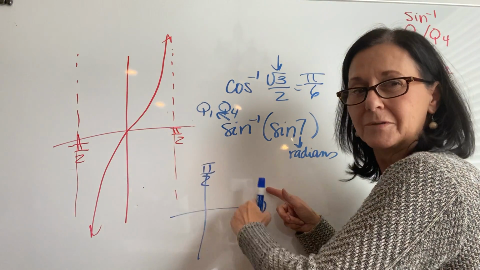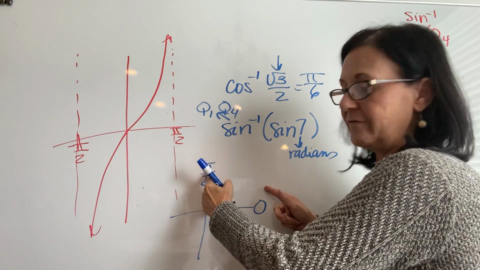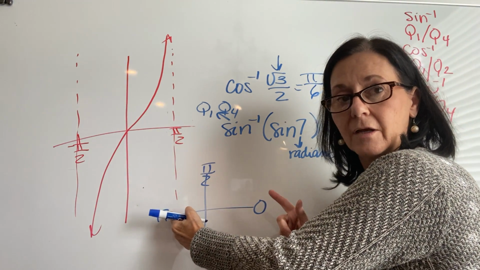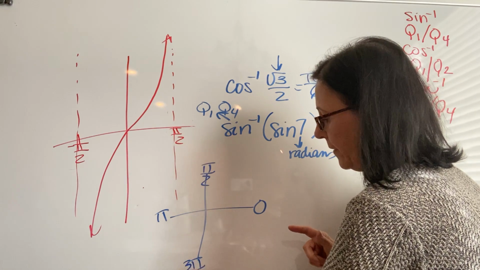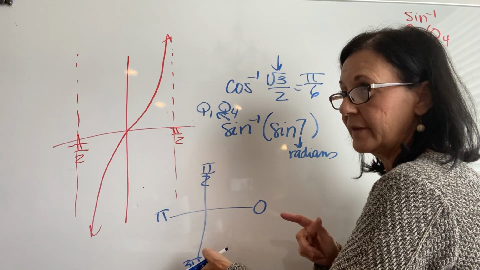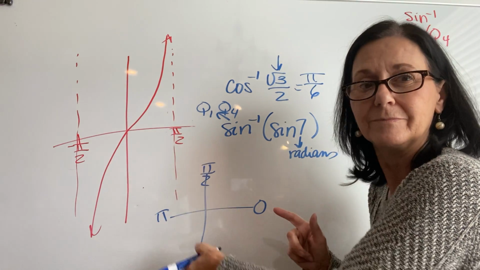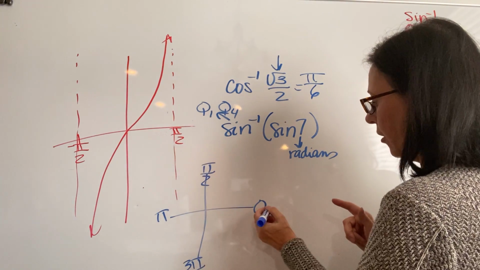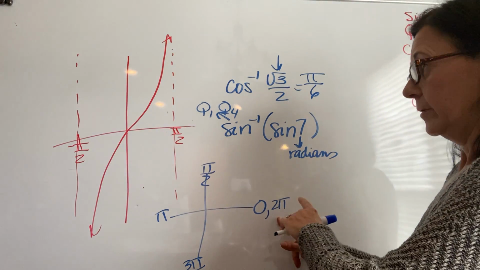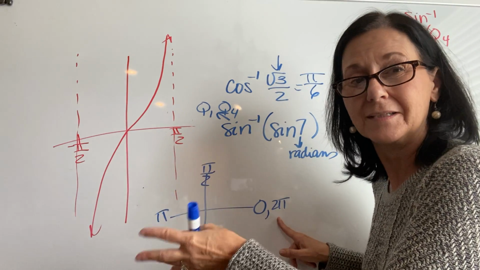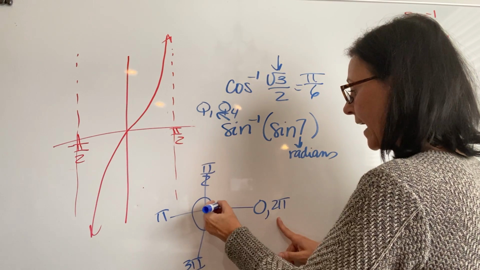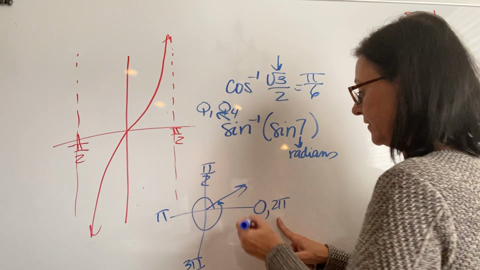That would be like between 0 and 1.5, right? And this would be pi, that's 3.14. This is 3 pi over 2. So that's like 4.5, between 4.5 and 5, all the way to 2 pi. So 2 pi would be, what, 6.28? So 7 would actually go just right above 2 pi.